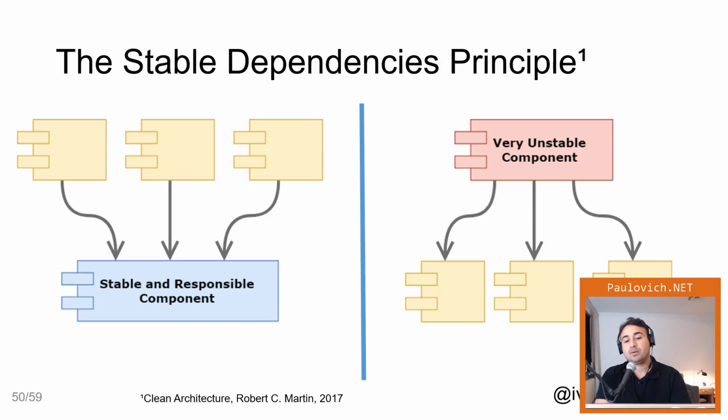Well, the red component on the right side is very unstable because it depends on 3 components, right? One thing about domain-driven design is usually you expect your domain model to be stable and also responsible, right?